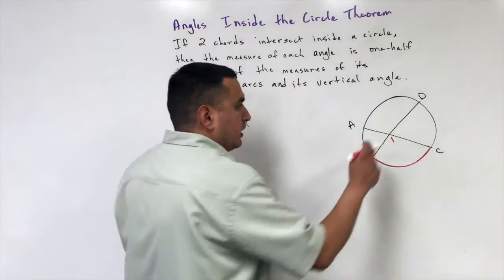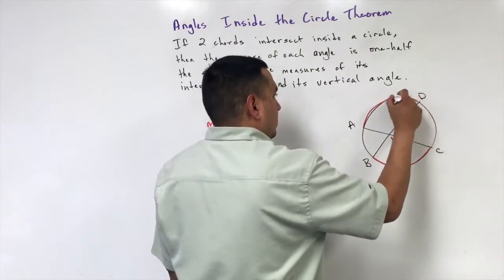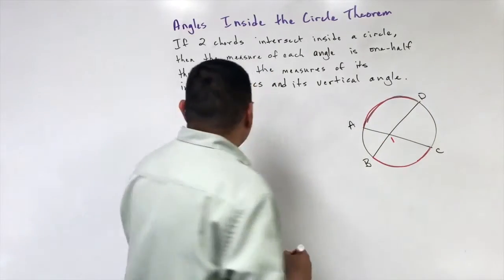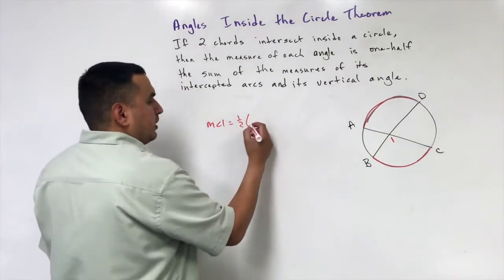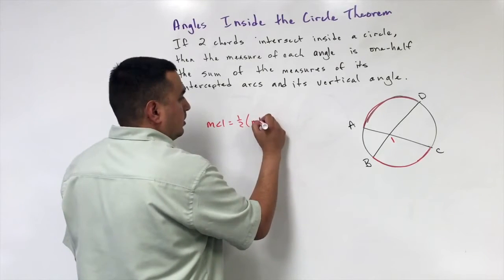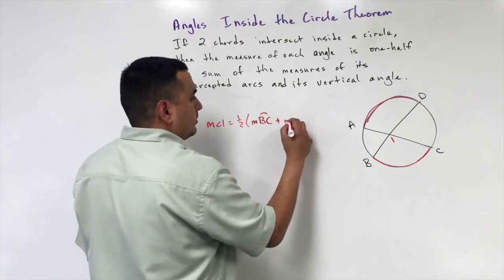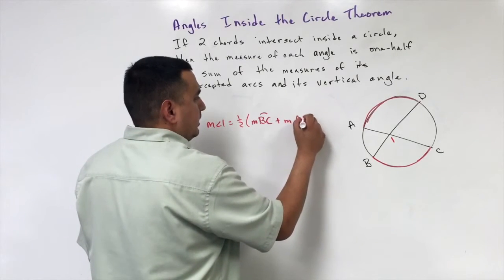But because of the vertical angle on this side, I have to take into account the arc AD as well. So the measure of angle 1 is equal to half of the measure of arc BC plus the measure of arc AD.